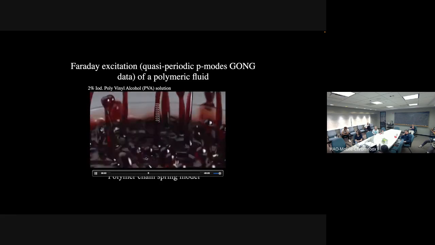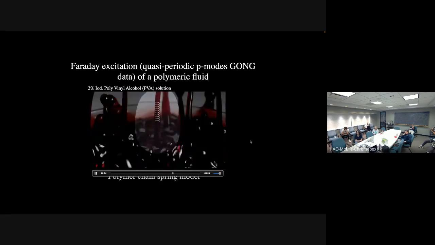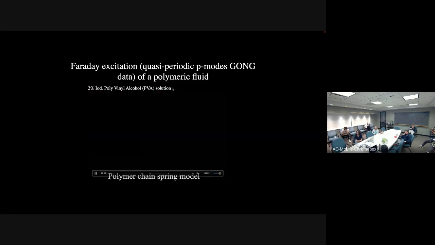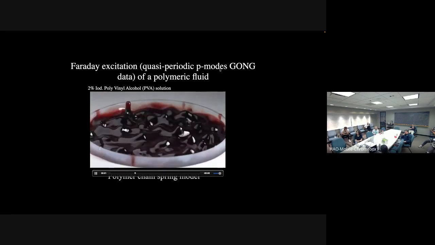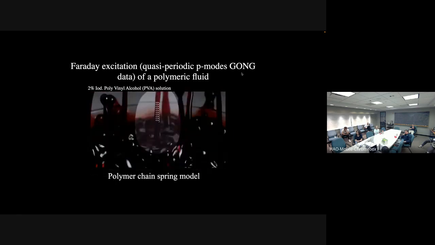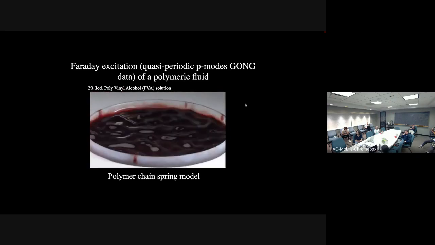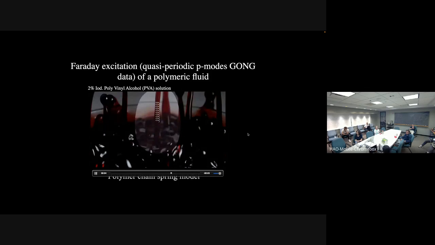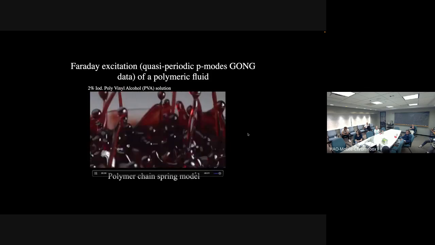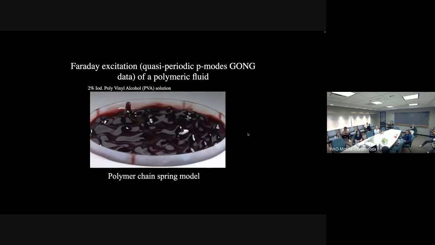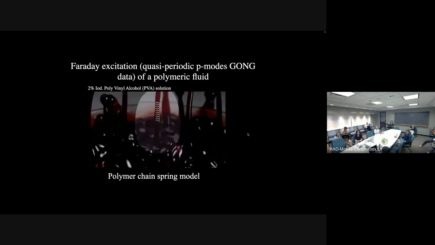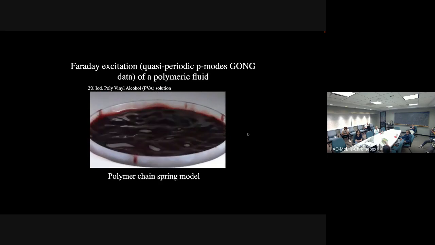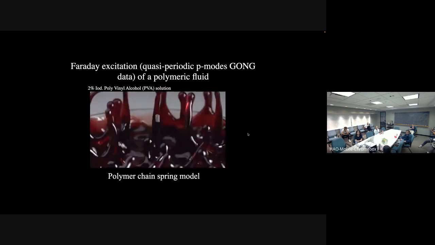So by the way, this particular experiment has been done by applying p modes obtained from GONG data to this polymeric fluid. Of course, the GONG data will be in the millihertz range and this won't respond. No speaker would respond. So what we had to do is we basically shifted the whole Fourier transform, multiplied it 10,000 times and sped it up, and then we applied it.